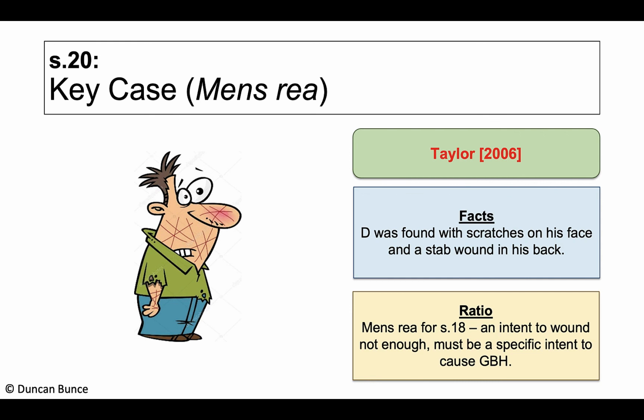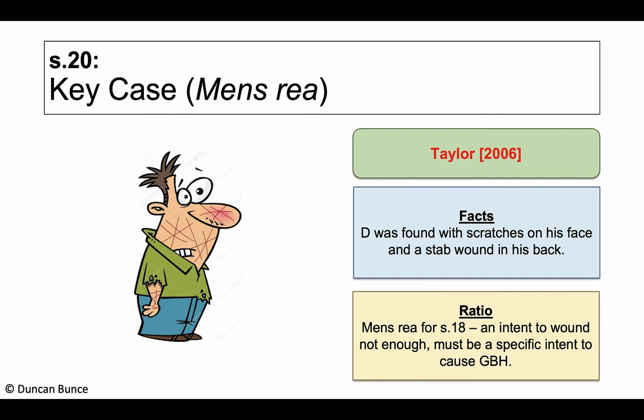Just to explain briefly, we know that essentially the actus reus, the guilty act, of Section 20 and Section 18 are identical. So that was essentially wounding or GBH. The mens rea of Section 18 is the more serious, we've said, because it can only be committed intentionally.